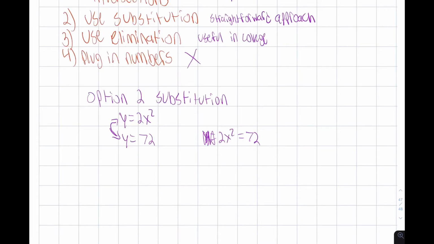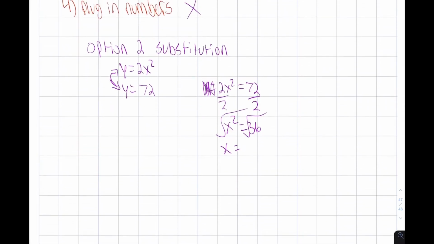Well, it should be t, but it's the same thing. It's a variable. We're solving for the variable. So let's divide by 2, x squared equals 36, square root, x equals, there are 2 solutions. To get square root 36, you could either square negative 6, or you could square positive 6.